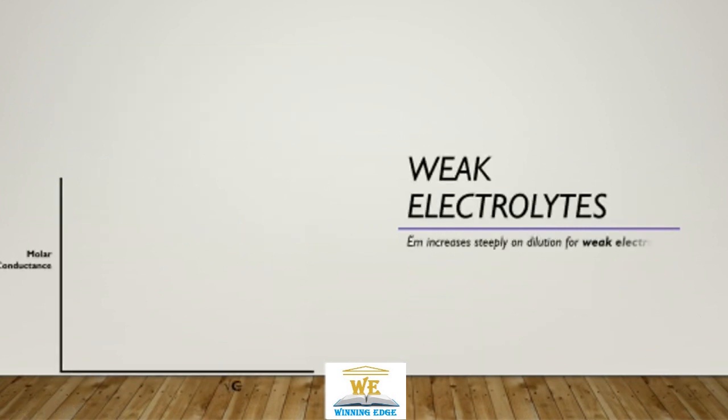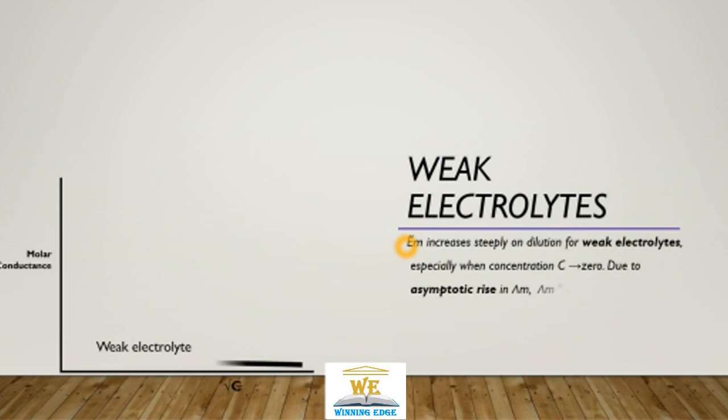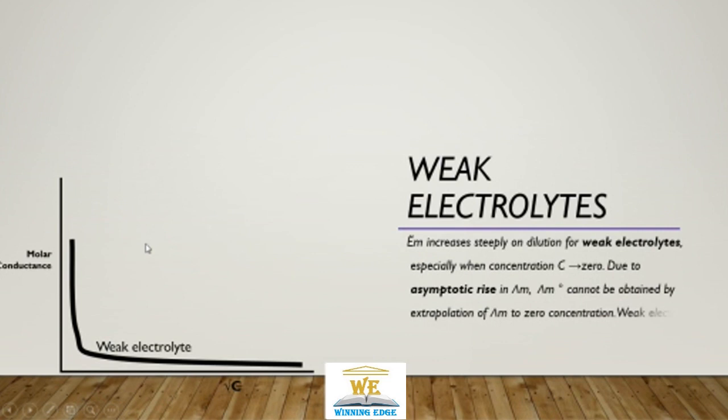That's what we saw. The molar conductivity enhances dramatically or asymptotically. This is called asymptotic, which never meets the axis but keeps on going parallel to it. So the limiting molar conductivity for weak electrolytes we can't determine experimentally by extrapolation.